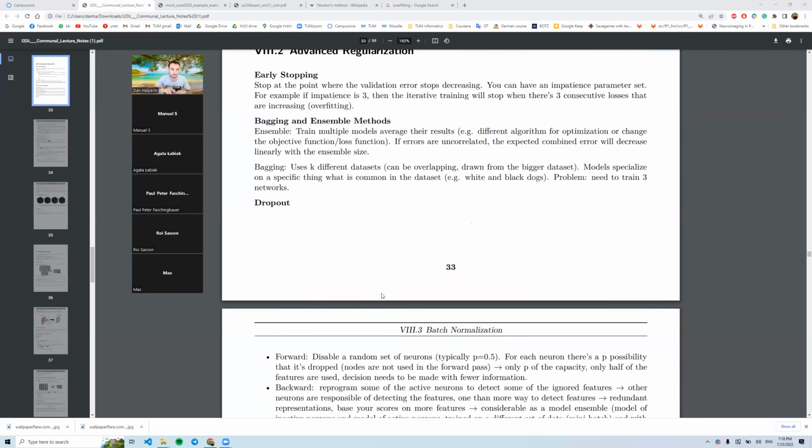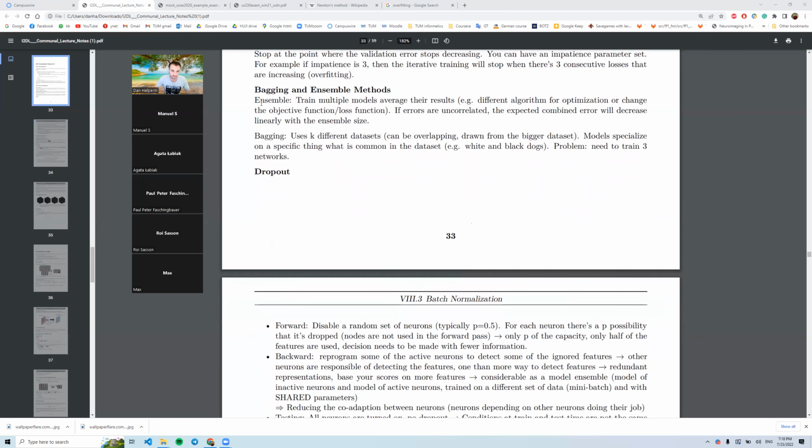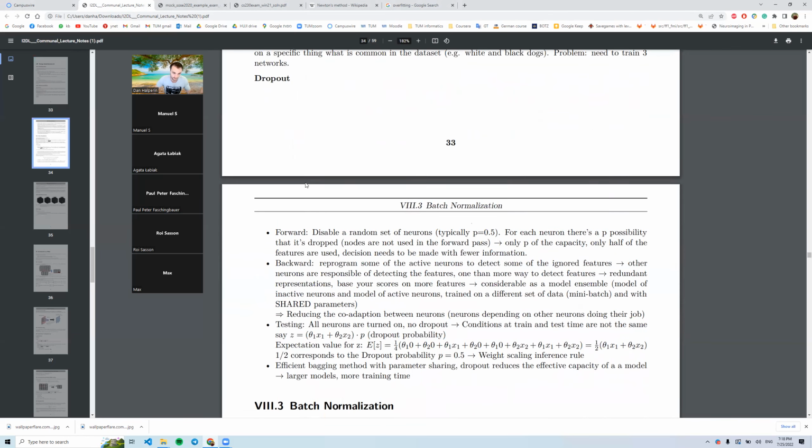We can think of it as, at every iteration, a different network that overfits on the data set that it sees, but then we can combine them and take the mean between them, and then the results will be better. But these are not feasible to actually implement, especially not for real world applications, because there's just too much to do. So this is dropout, actually very, very good.